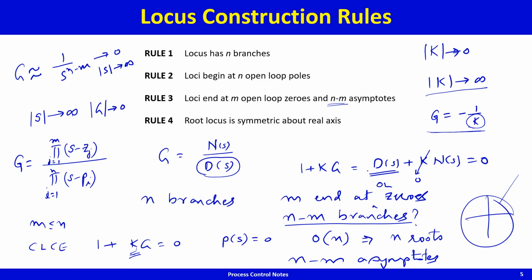And because the factors or roots occur in complex conjugate pairs, the root locus will have to be symmetric about the real axis. So the root locus is symmetric about the real axis because roots occur in conjugate pairs.